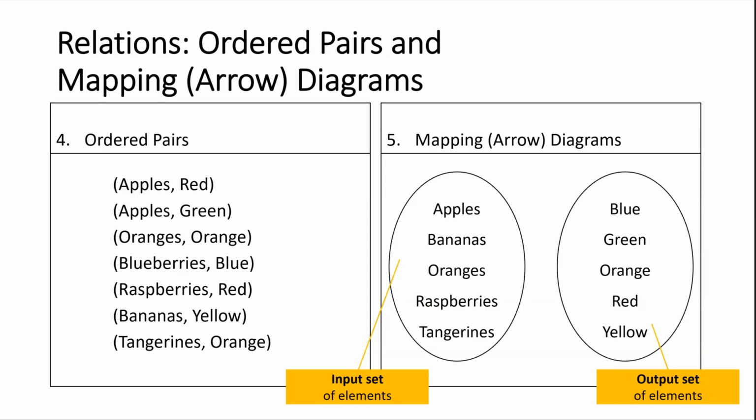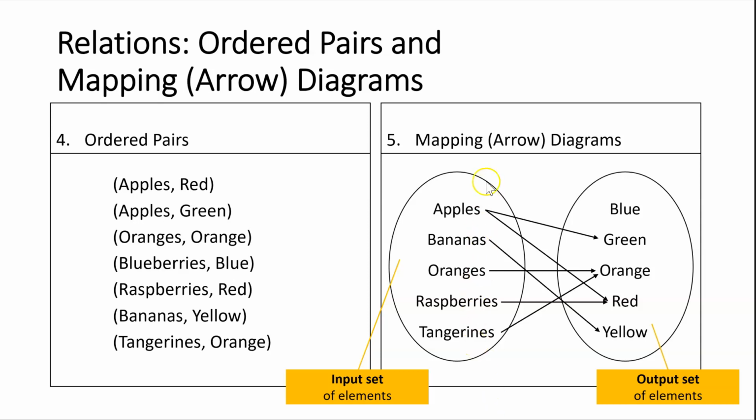So for apples, well, there's green apples and there's red apples at the fruit stand. Bananas, well, there's only yellow bananas. Oranges, oranges are orange. Raspberries, red. Tangerines, orange. Notice also that the arrows only go in one direction.